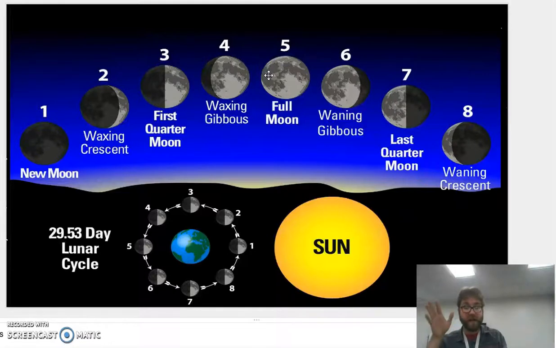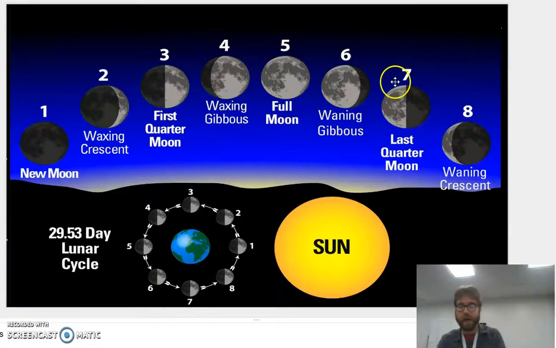And then after having a full moon, we're going to start to get darker again, right? And since we're getting darker, we need to use that word waning. So, after a full moon, we begin to have a waning gibbous. It's starting to become a little darker. See that light on the left side? That's indicative of a waning moon. After a waning gibbous, it's going to get a little darker still.